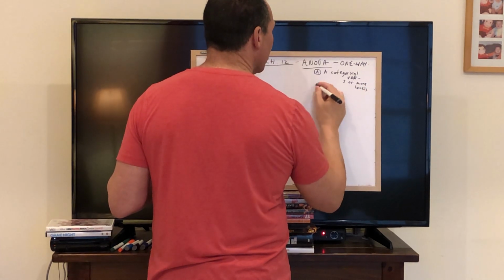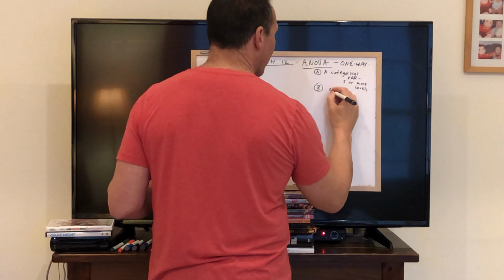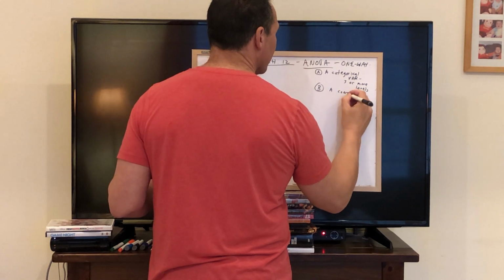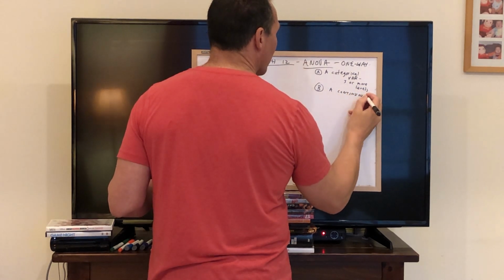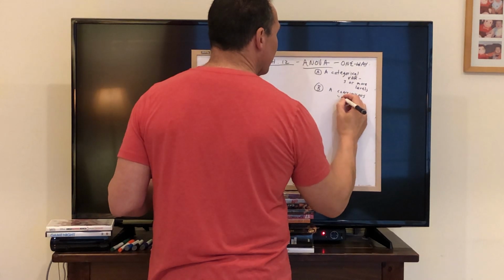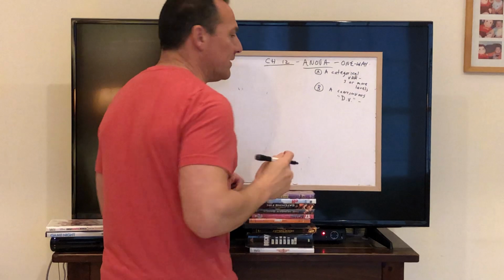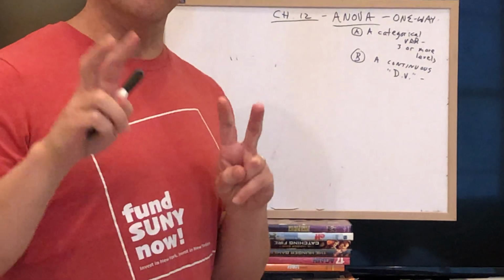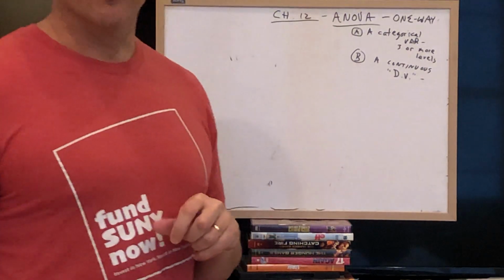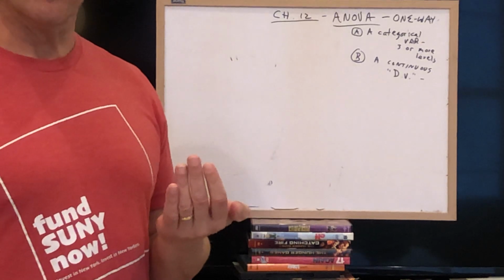And then B, you have a continuous variable, or what is called a continuous dependent variable. DV standing for dependent variable, and dependent variable simply means your outcome variable.